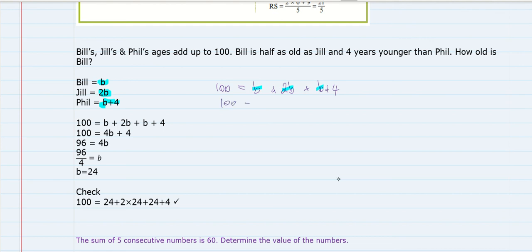So 100 equals 4 Bills plus 4. Then we can just say, well, 96 equals 4 Bills, and then 96 over 4. 4 times 24 equals 96, so therefore Bill is 24 years old.